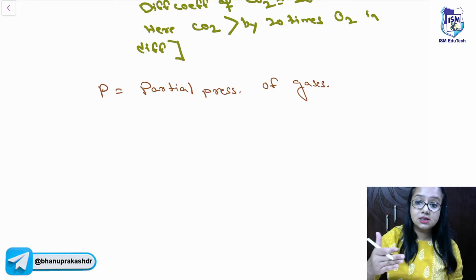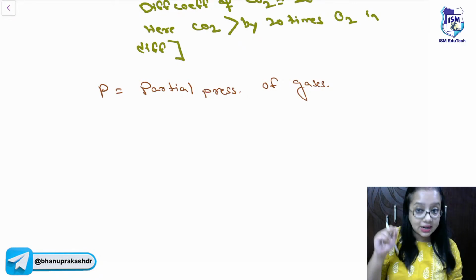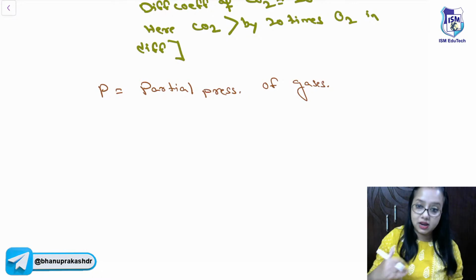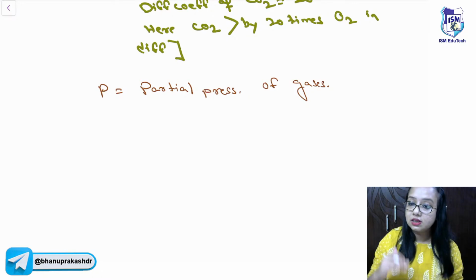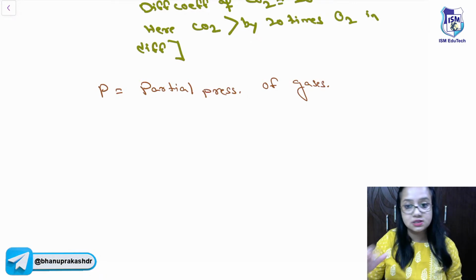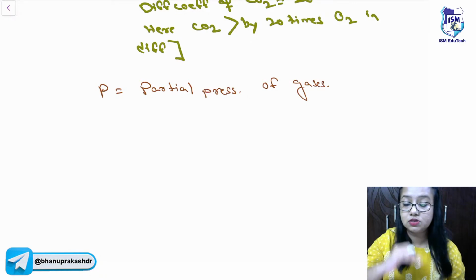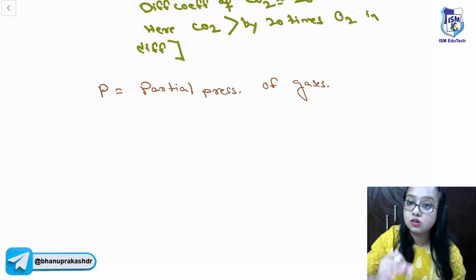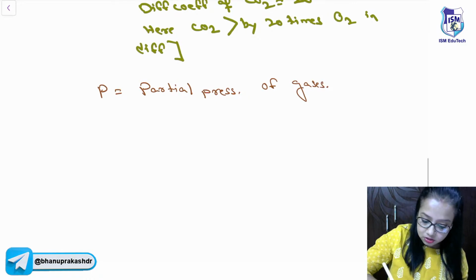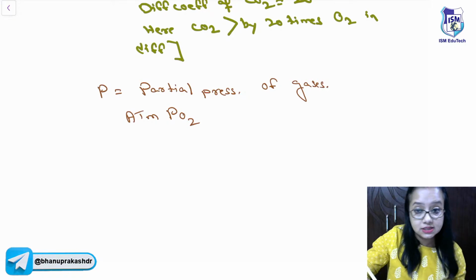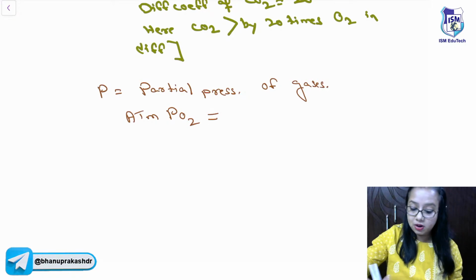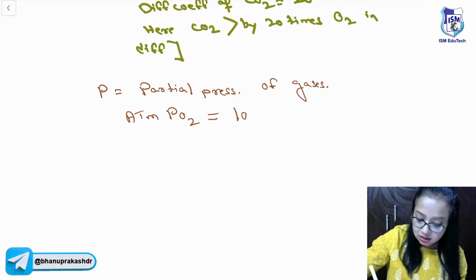Now, the partial pressure of oxygen at sea level that we are inspiring is much more than that of carbon dioxide. Nitrogen doesn't count because it is not taking part in the process of respiration. So the atmospheric partial pressure of oxygen at sea level is about 100 mmHg.